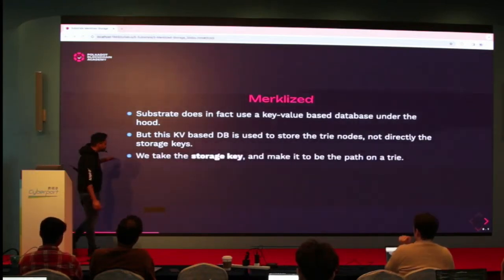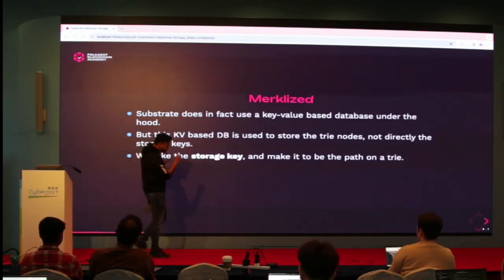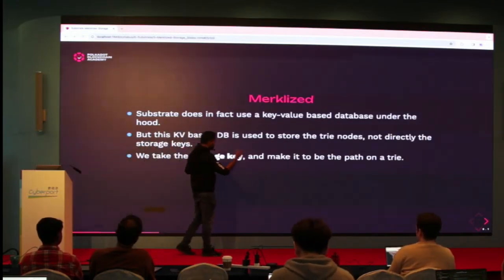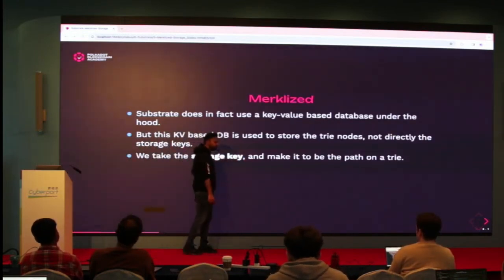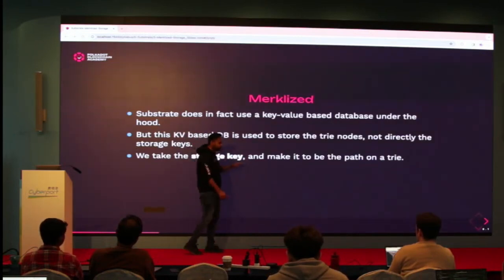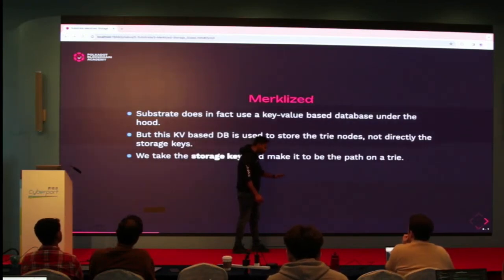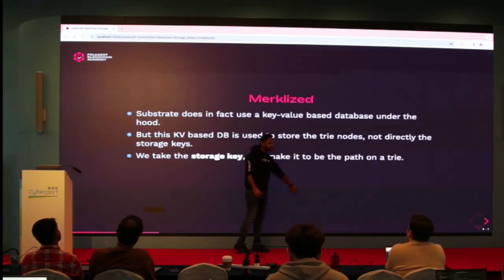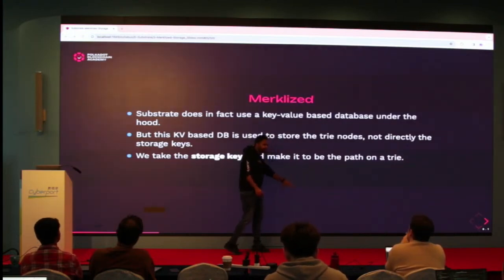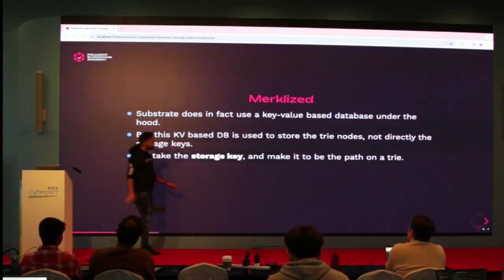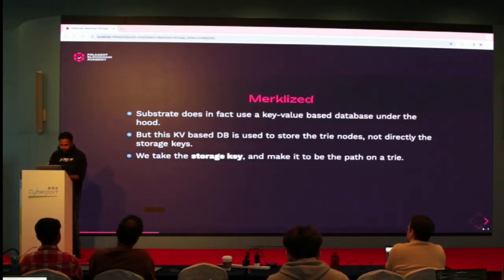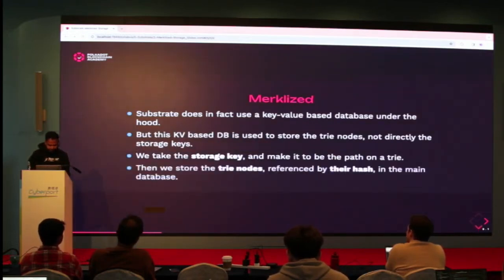So when you say SPIO storage set something, you give it a storage key. You take that storage key, you make a path on the trie, and then somehow you get to the final value, which is called the database key, and then you store a value. Again, if it doesn't make sense yet, it will all make sense hopefully in a few slides.